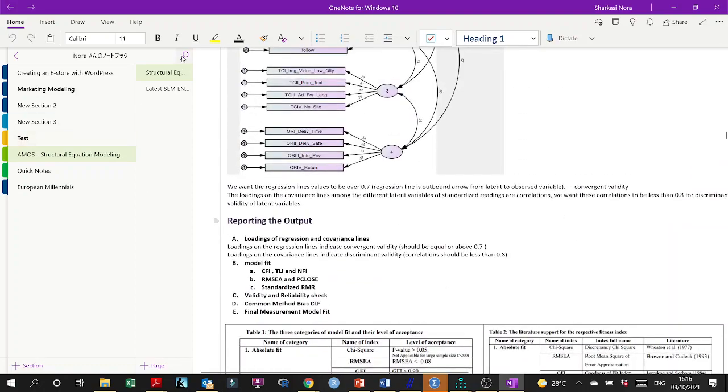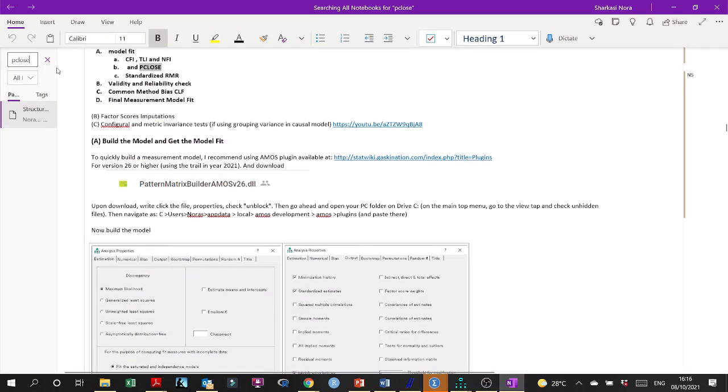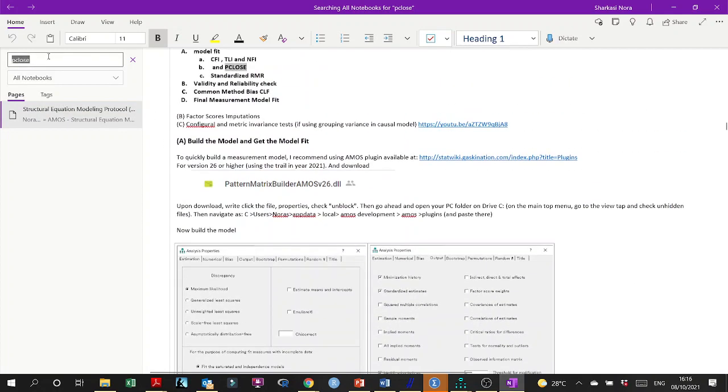Let me do a find and see if I have it anywhere. I have P-close here, only one finding.